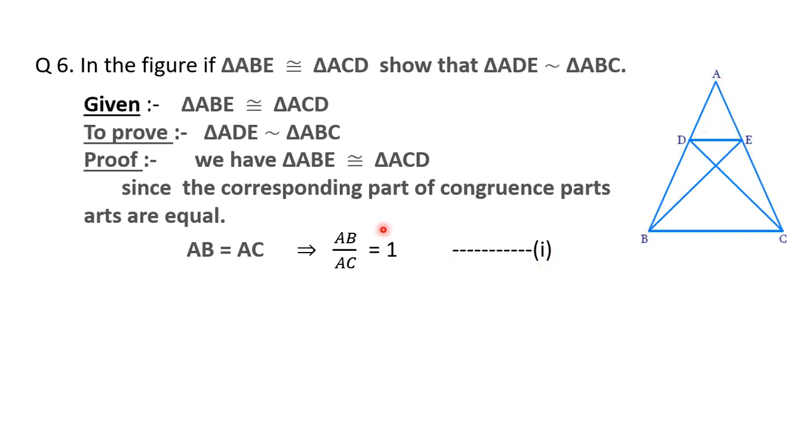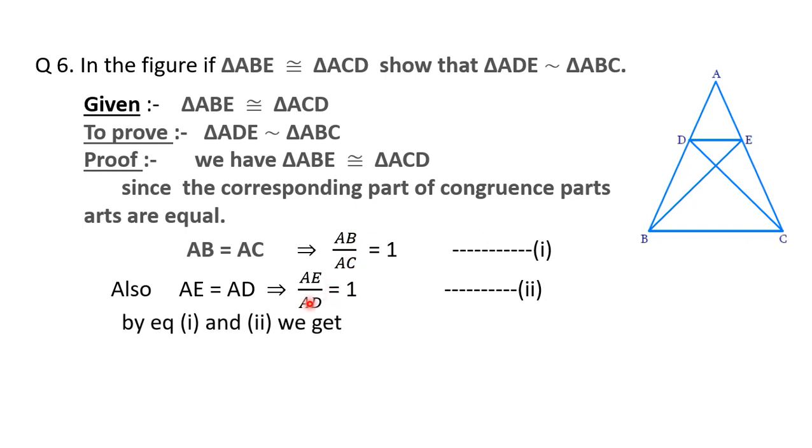So we can take AB upon AC is equal to 1, and similarly AE upon AD, these two sides are also equal. So we take the ratio AE upon AD, that is equal to 1. So by these two equations, we can say AB upon AC is equal to AE upon AD.